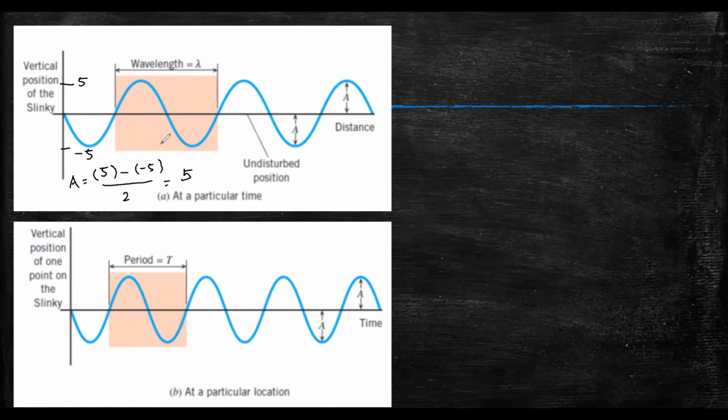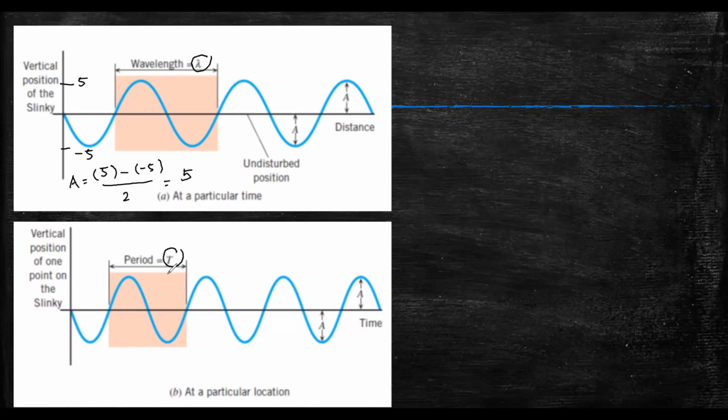The wavelength, which has the Greek letter lambda as its symbol, is the horizontal length of one cycle of the wave, while the period, which has the symbol T, is the time required for one complete cycle.